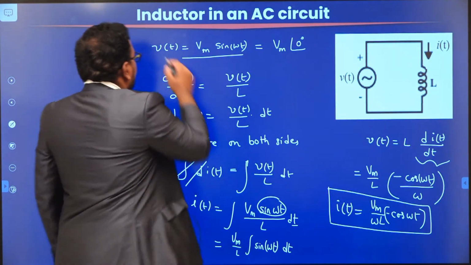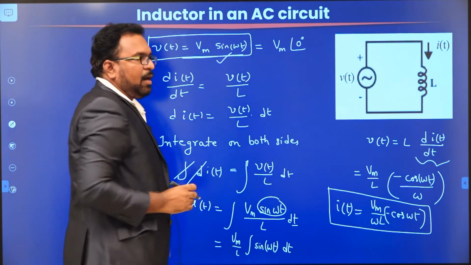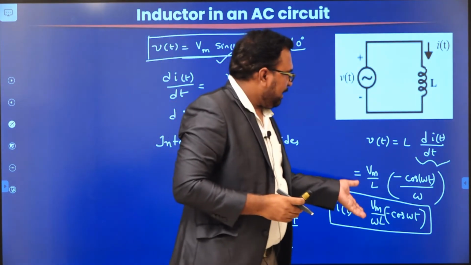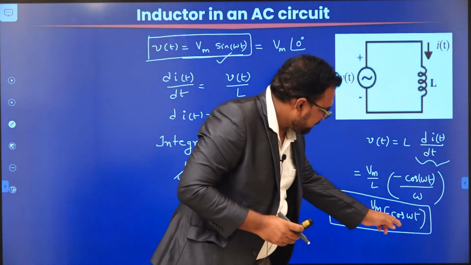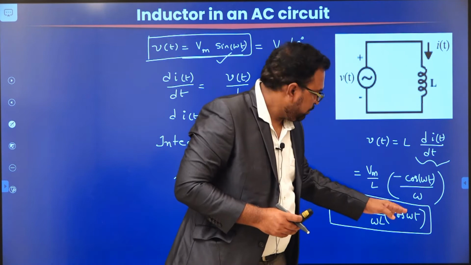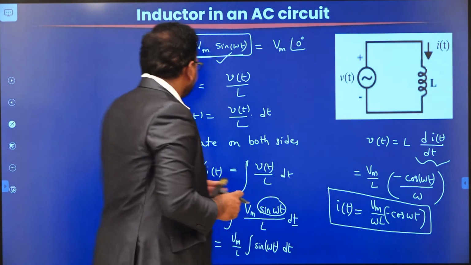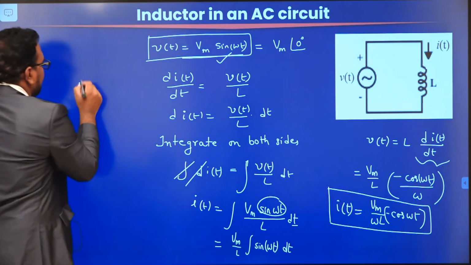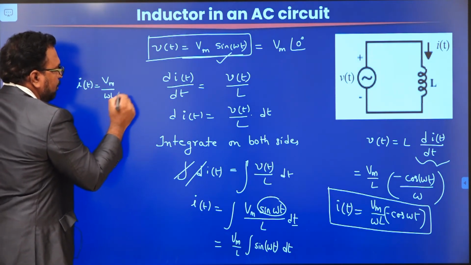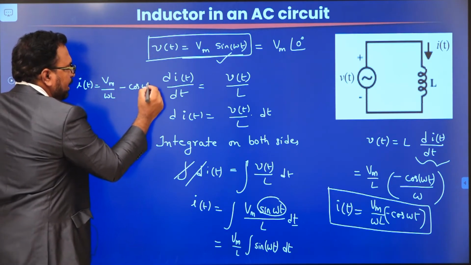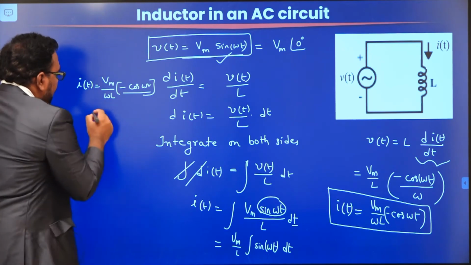But the voltage expression is in terms of a sinusoidal quantity, and I already told you that we are going to represent current and voltage using sinusoids. But here in this expression we have a cos term. So how will you convert minus cos omega t into a sin term?